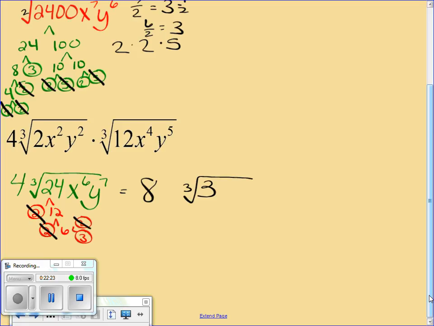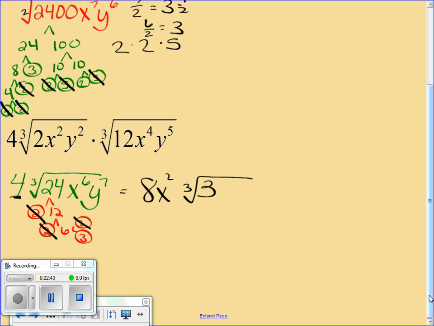Okay. The 8, I had a group of 2's times the 4 that was already there. All right, and then we have 6 divided by 3, which is 2, so x squared.